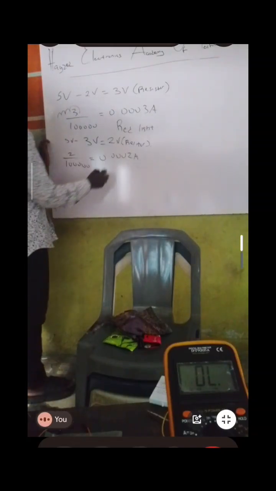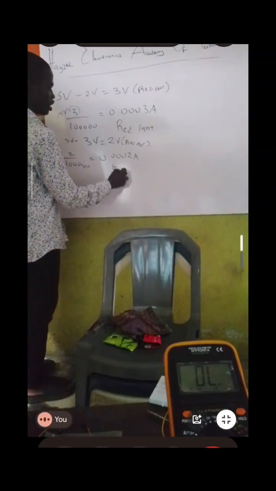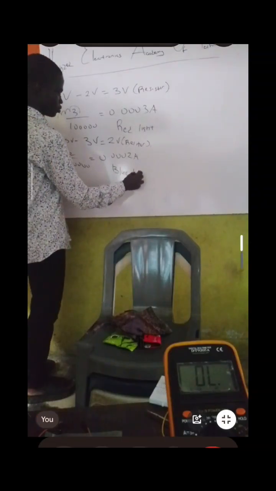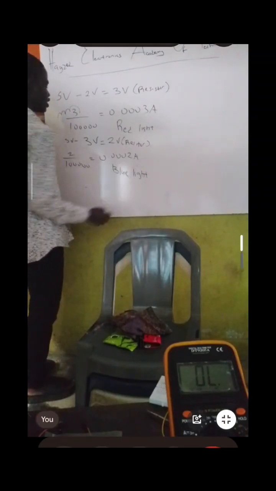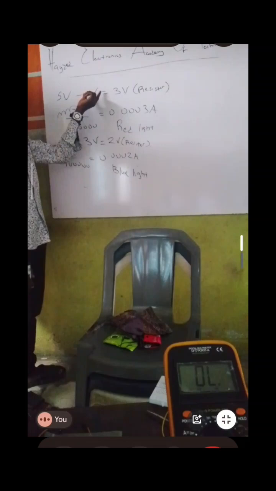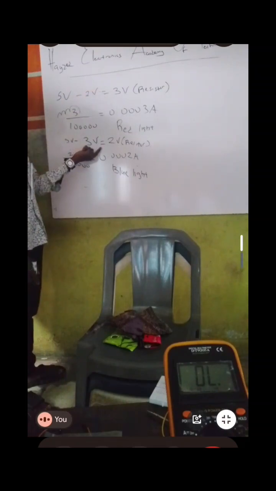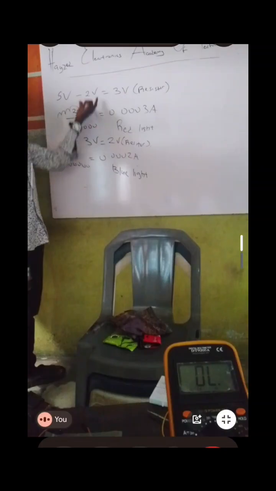So now, the thing is the blue light. The blue light is meant to suffer. But because blue light uses more voltage than the red light, the blue light was able to still look at least a little bit brighter in our eyes than this red light.